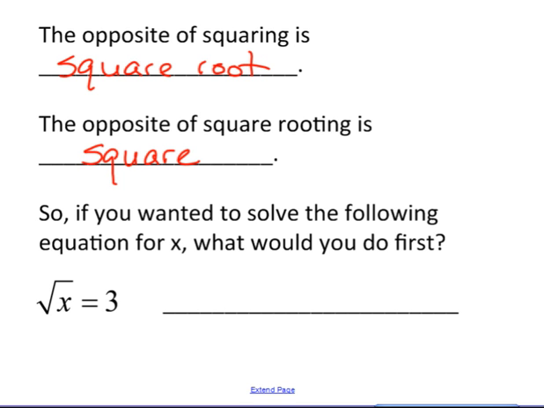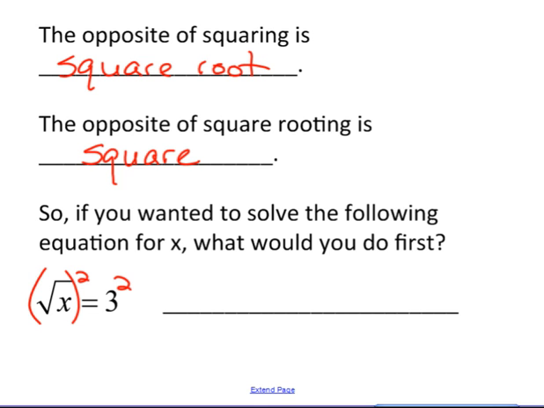So let's suppose I have the square root of x equals 3, and I want to get rid of this square root symbol. No, I cannot just erase it, however tempting that is. In order to get rid of a square root, I have to square. Remember, what you do to one side, you have to do to the other.